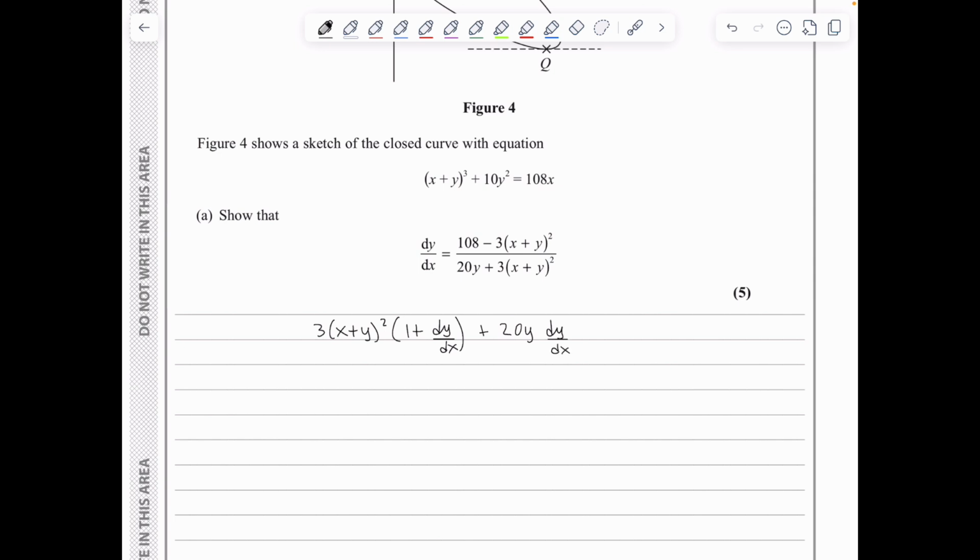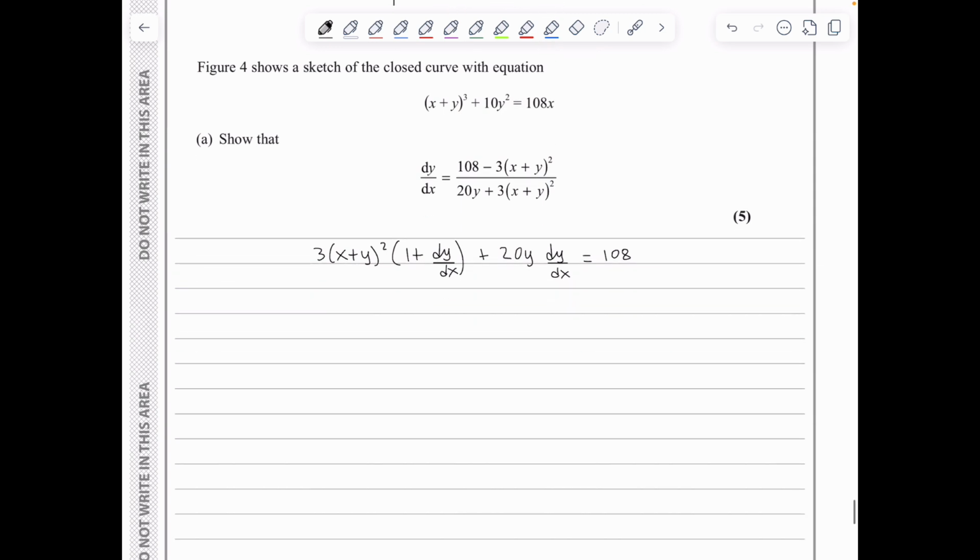And on the right hand side, the derivative of 108x is simply 108. So I will expand the brackets to get 3 brackets (x plus y) squared plus 3 brackets (x plus y) squared dy/dx plus 20y dy/dx is equal to 108.